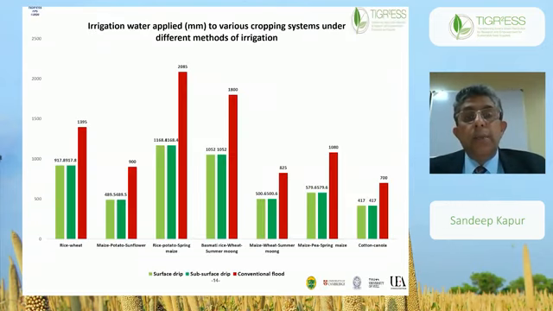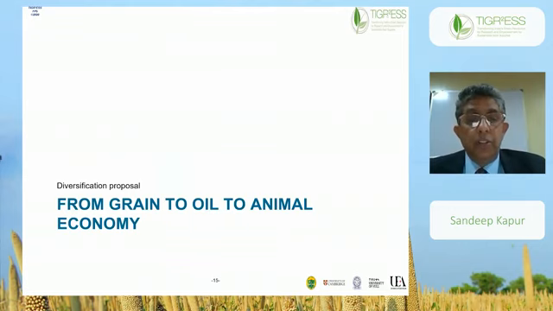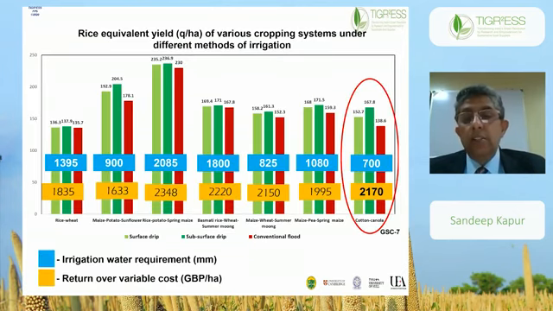I'm going to share with you this slide my colleague has already shared, so I'll not go into it. My focus here will be from grain to oil to the animal economy, and this is the slide I would like to focus on for a minute. It talks about cotton and canola. The blue shows the irrigation water requirement, and this is the return over the variable cost.